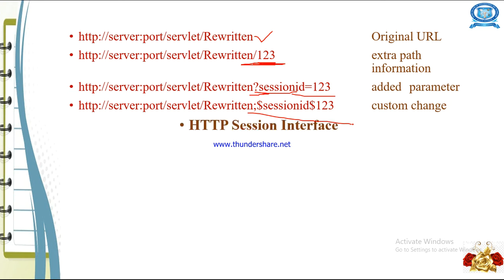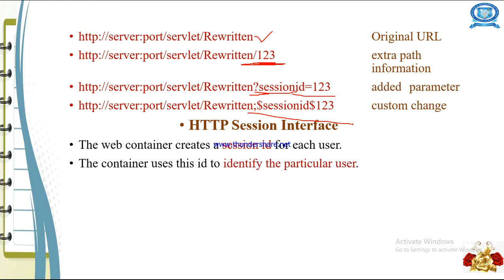So next, the HttpSession interface. This HttpSession interface creates a session ID for each user. Different users may access a particular web page at the same time, so how do we identify the client for the server? Based on the session ID.